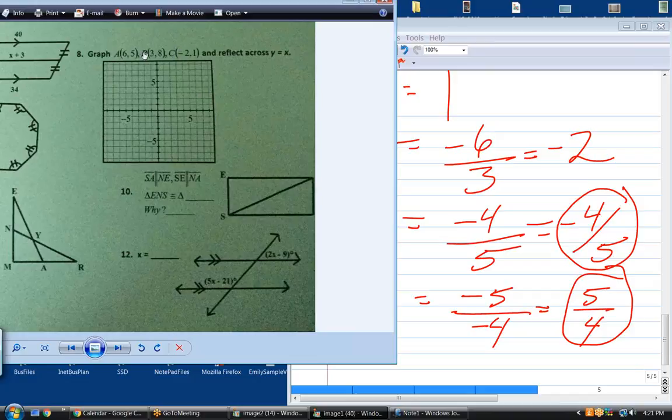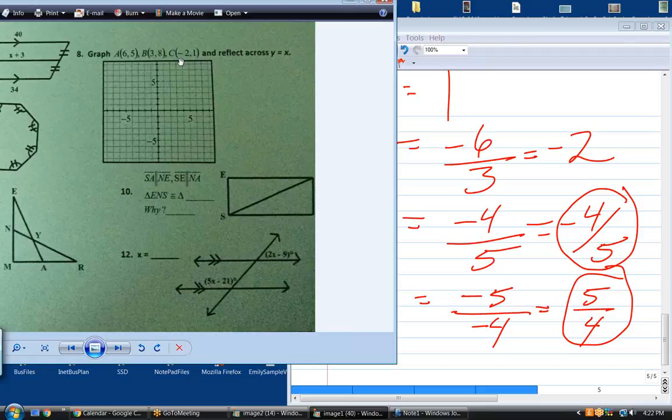It's like a mirrored image. Yes, its x and y coordinates switch. So the mirrored image of A is 5, 6. The mirror image of B is 8, 3. And the mirror image of C is 1, -2.